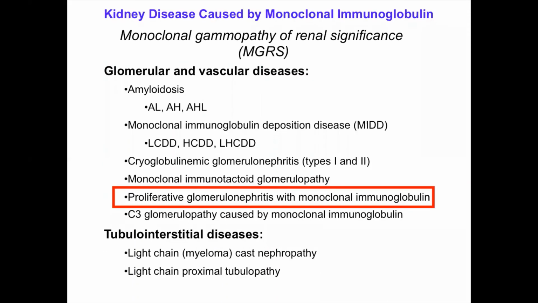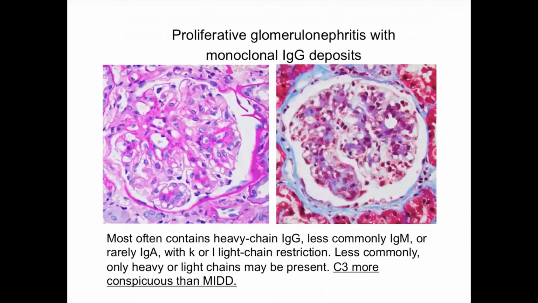Right. Very quickly, I'll tell you about proliferative glomerulonephritis with monoclonal immunoglobulin. What is the difference between it and monoclonal immunotactoid or monoclonal immunoglobulin deposition diseases? This is just proliferative. We may have crescent formation, hypercellularity, endocapillary hypercellularity, as well as a deposition of IgG, an immunoglobulin, most likely IgG, and monoclonality in the form of restriction of one of the light chains, either kappa or lambda.